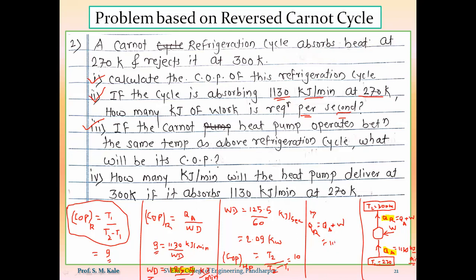So 1130 plus 125.5. Tell me the value of QR. It will be 1255.5 kilojoule per minute.